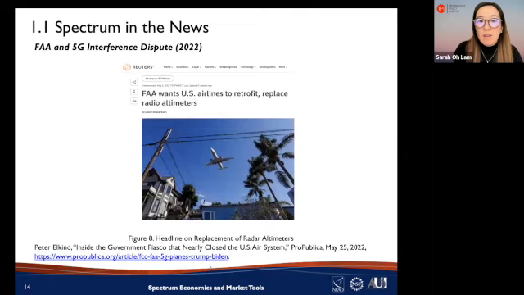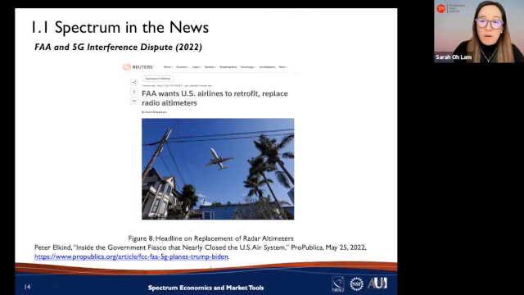And here, the FAA, which represents interests of airlines, but also the federal government's role in spectrum in this band, weighs in and says that they want U.S. airlines to replace the radio altimeters that were being interfered with from the 5G users.